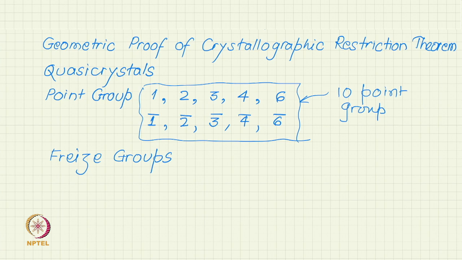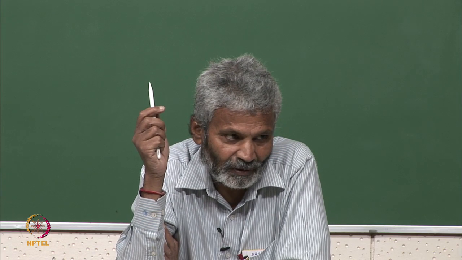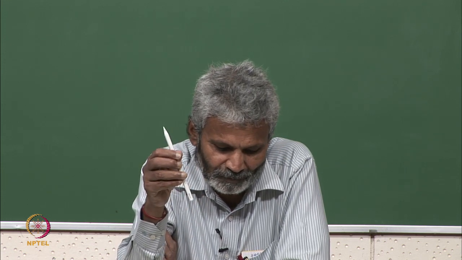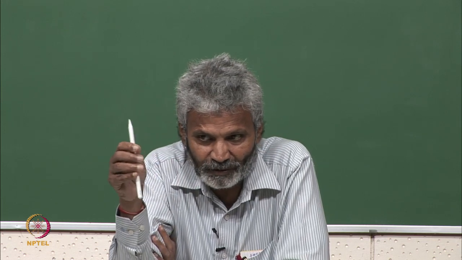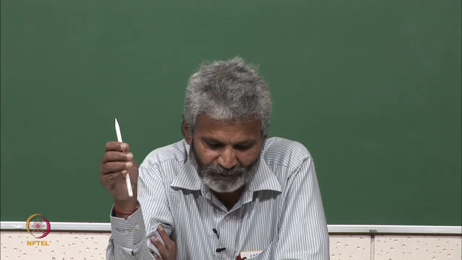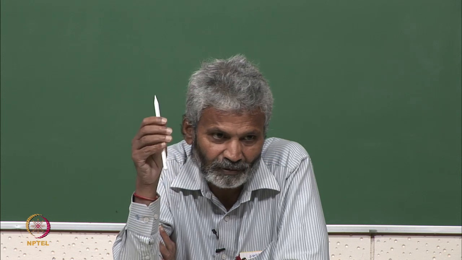So, 4 can mean different things. 4 can mean a number 4, or 4 can mean a fourfold axis. So, that is the geometrical axis, or it can mean the point group operation 4, point group 4, which means the 4 symmetry operations or 4 rotations which are associated with this point group.